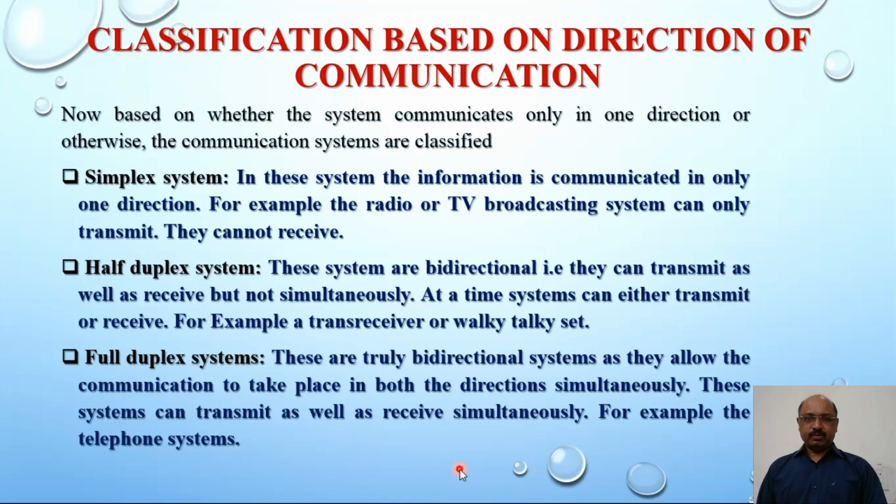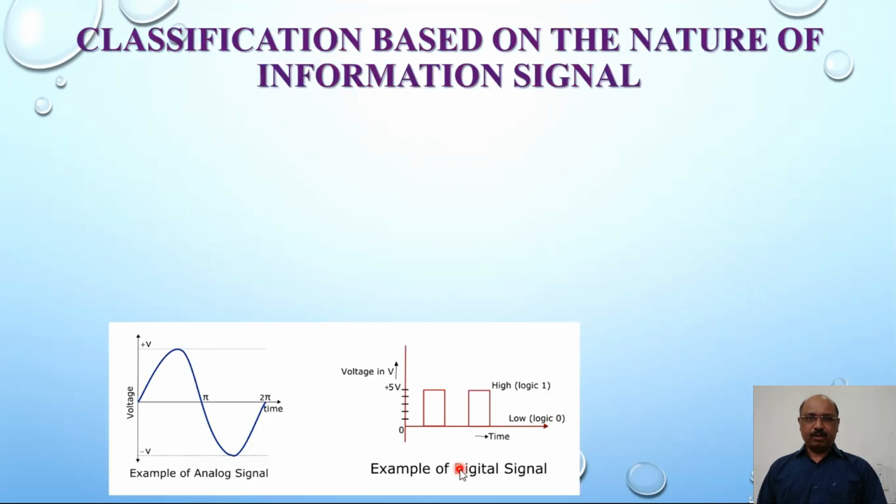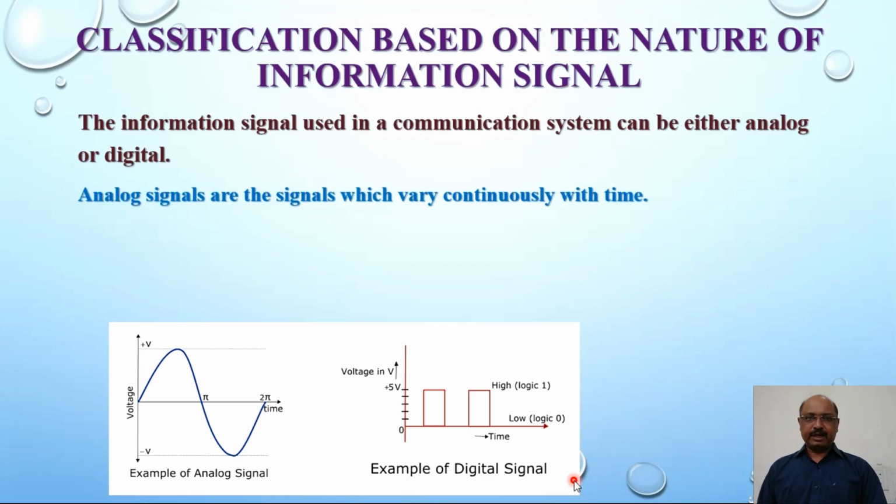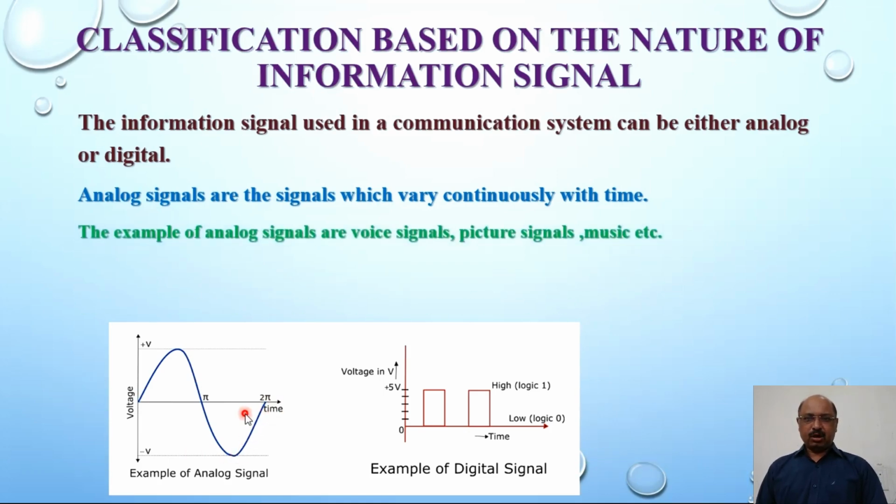Now the second group, that is classification based on the nature of the information signal. The information signal used in a communication system can be either analog or digital. We know that analog signals are signals which vary continuously with time. See in this picture. Examples of analog signals are voice signal, picture signal or music signal.